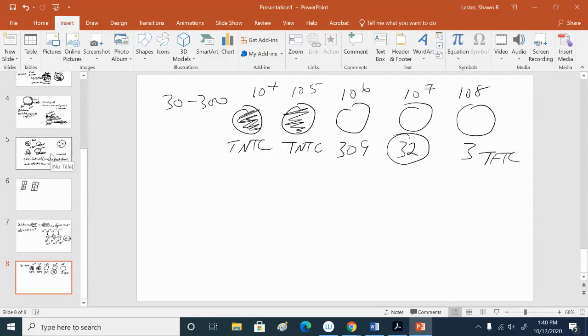Remember, we multiply, right, to get our CFUs per milliliter. So number of colonies times the dilution factor. So what's our number of colonies?